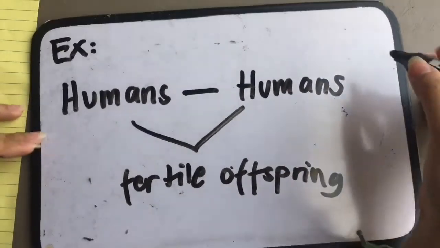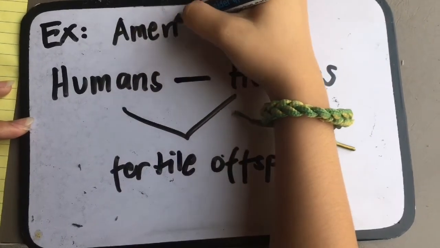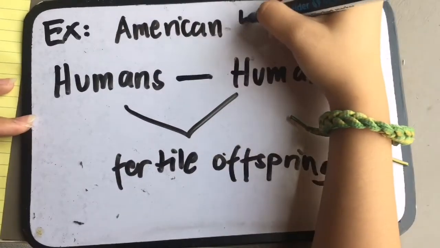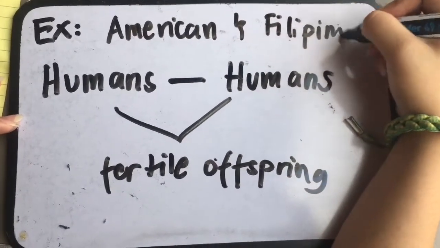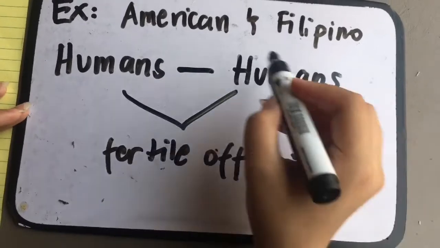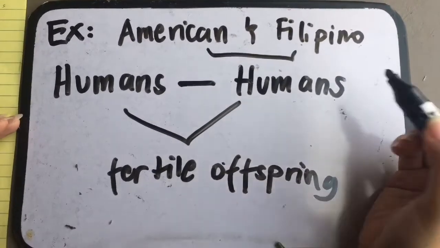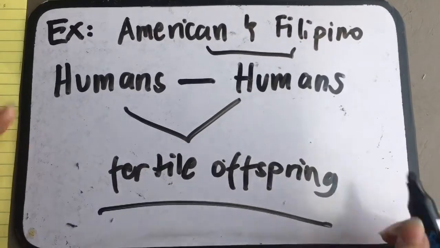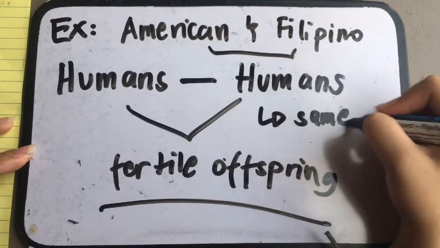For example, an American and a Filipino, even though they are different, can still interbreed and produce fertile offspring, which makes humans the same species.